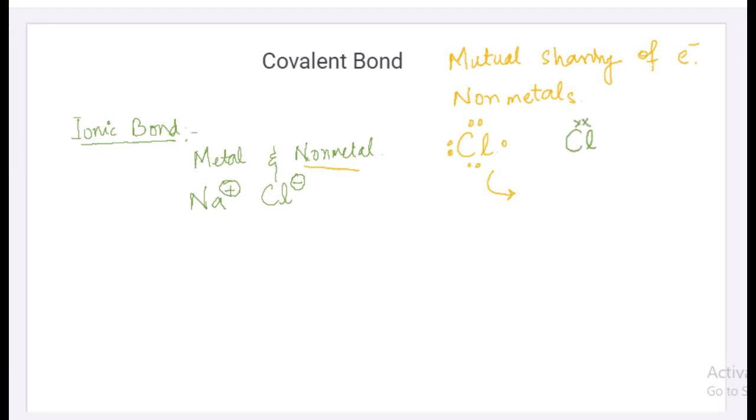It also has 7 electrons and it also wants to complete its octet, right? So both of these chlorine will come together and they will share their electrons, right? Like this.